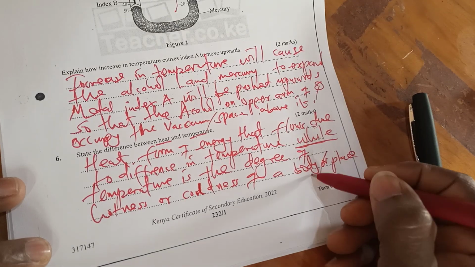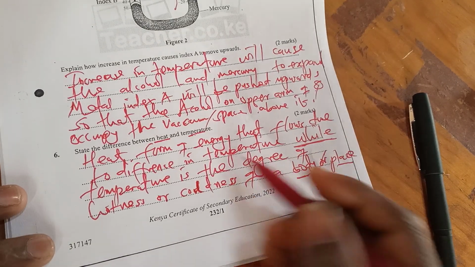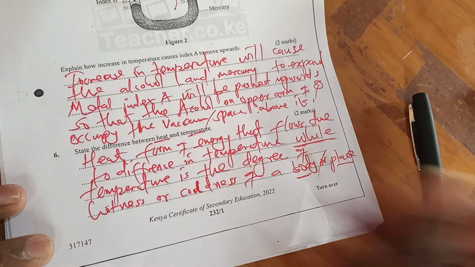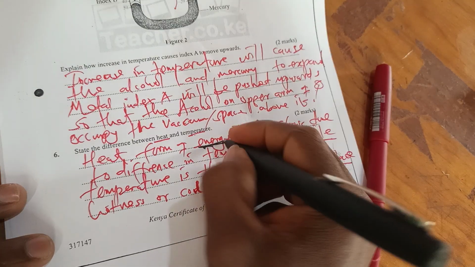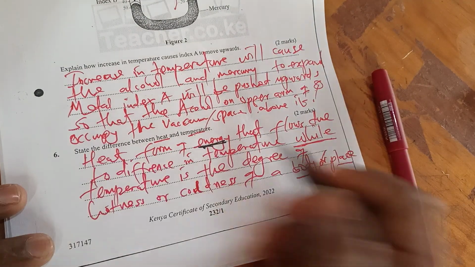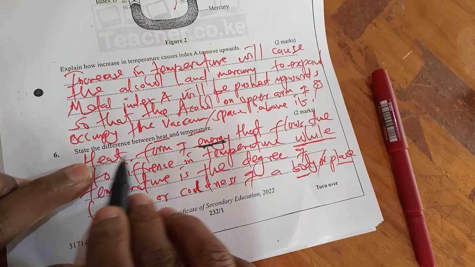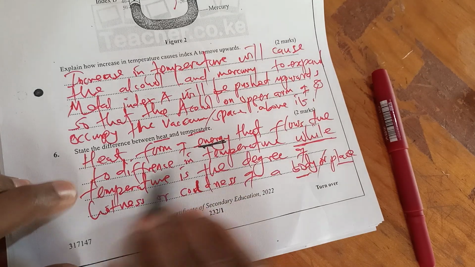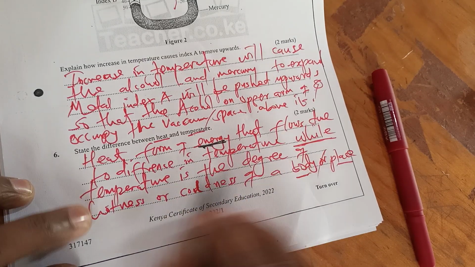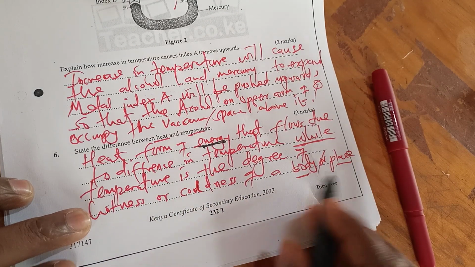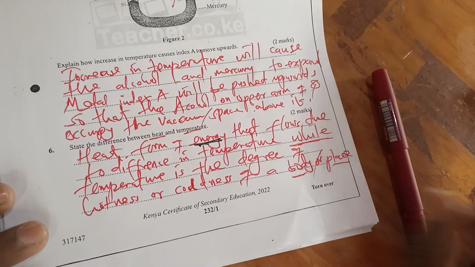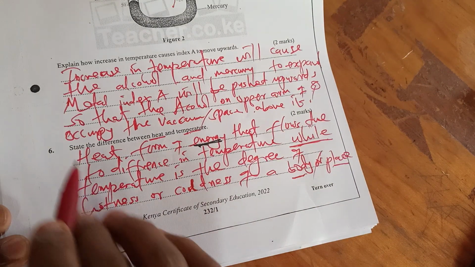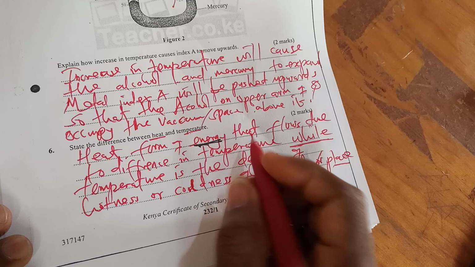So we have either body or place. The key word for heat is the term energy, because that is what defines heat. If a student says heat is a form of energy, while temperature is the degree of hotness or coldness of a body or place, they will also be correct. So that is the difference between heat and temperature in terms of definition.